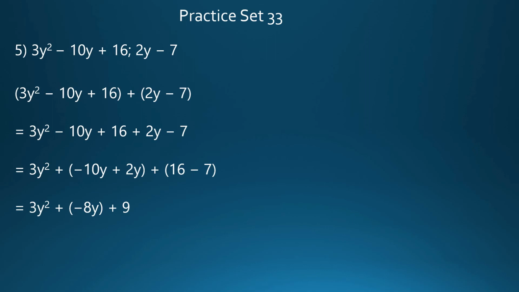Now we have to open that bracket also. So plus and minus will become minus. So we will have 3y square minus 8y plus 9. So the solution of 3y square minus 10y plus 16 plus 2y minus 7 is 3y square minus 8y plus 9.